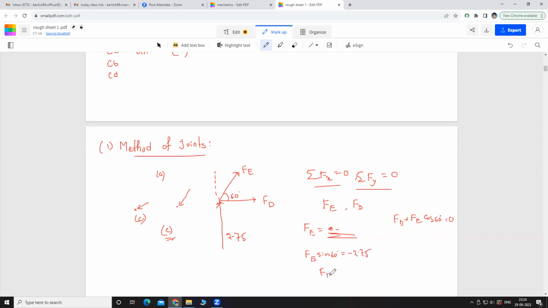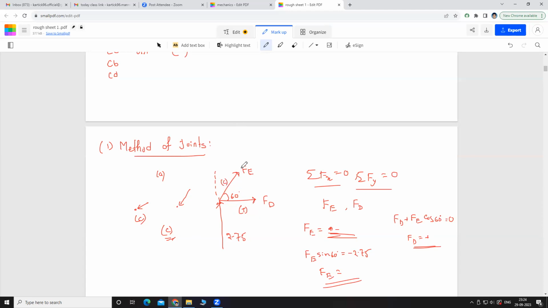So from here you can calculate your Fe. If you put your Fe here, you will get your Fd as positive. Positive means whatever we have assumed is fine. If this is the direction, that means away from the joint, so this member is in tension. And this one we ultimately got in compression.